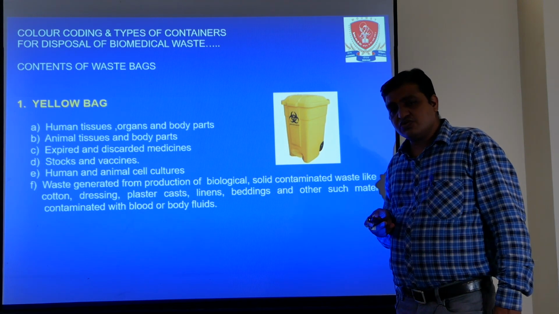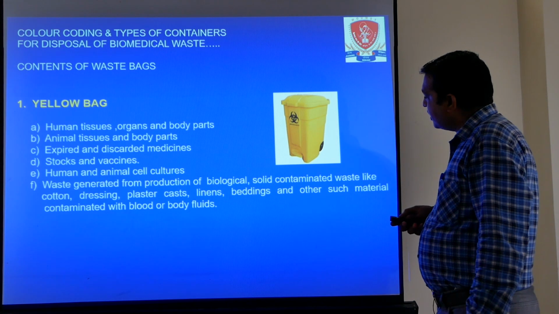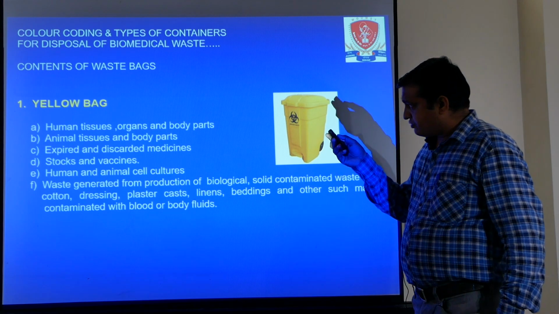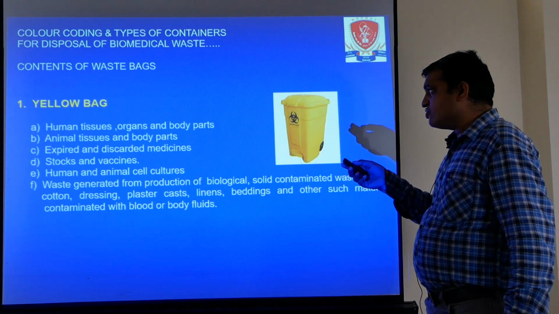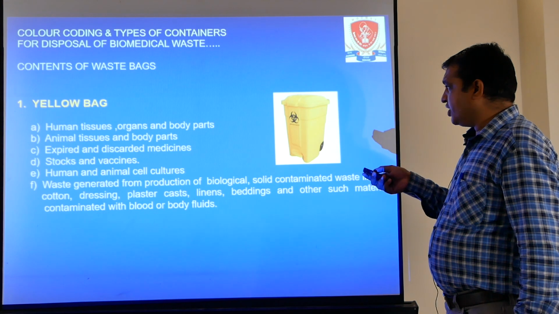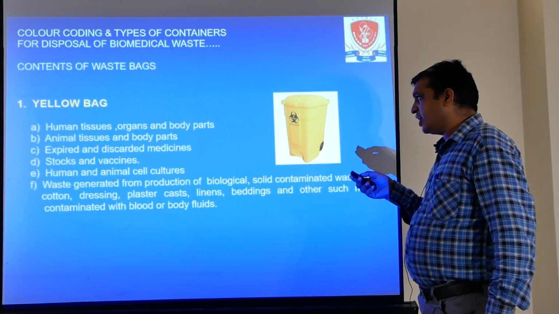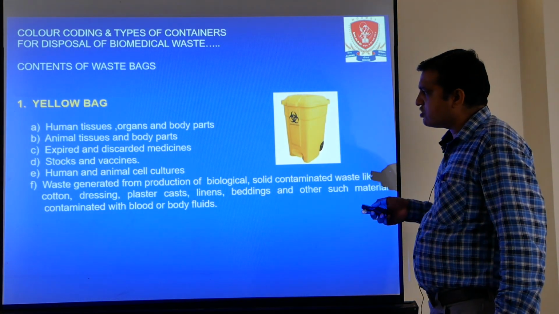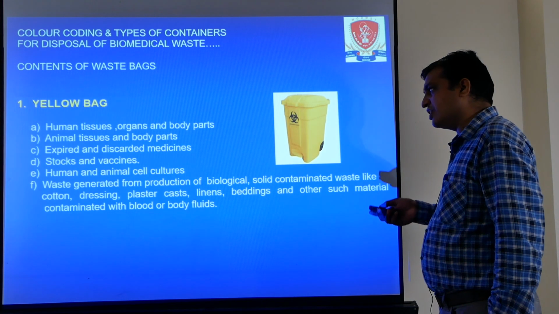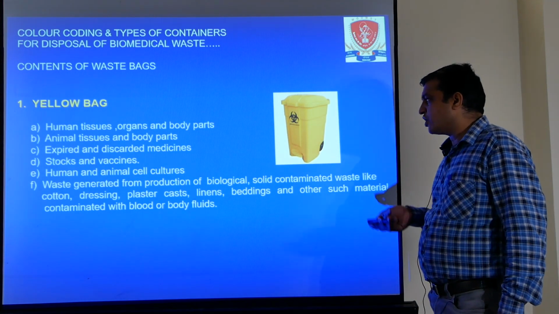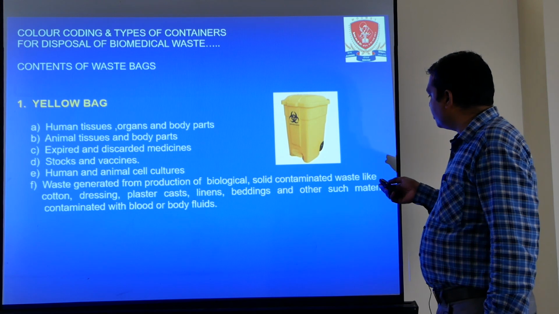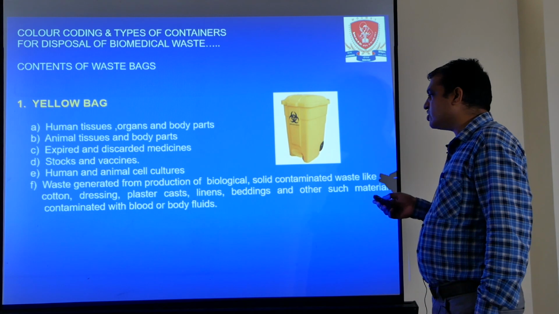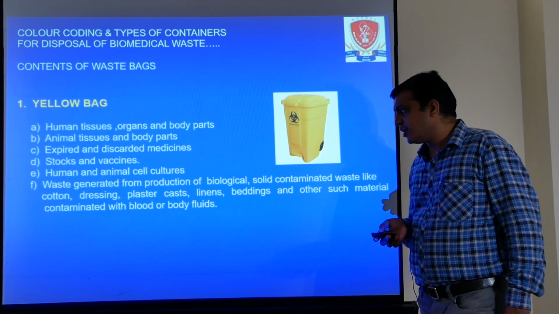These containers are used in hospital settings, clinical settings, and research institutions. First, the yellow bag: human tissues, organs, and body parts, animal tissues, body parts, expired and discarded medicines, stocks, vaccines, human and animal cell cultures, waste generated from production of biologicals, and solid contaminated waste like cotton, dressings, plaster casts, linen, bedding, and other such materials contaminated with blood or body fluids.